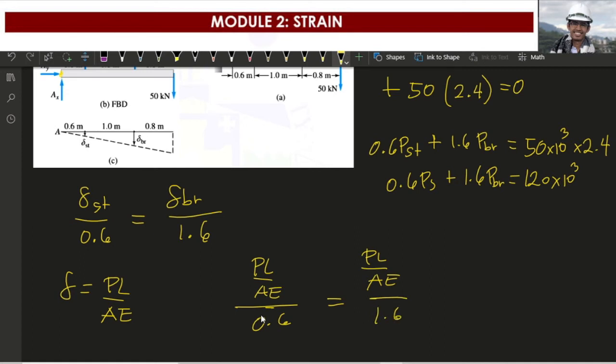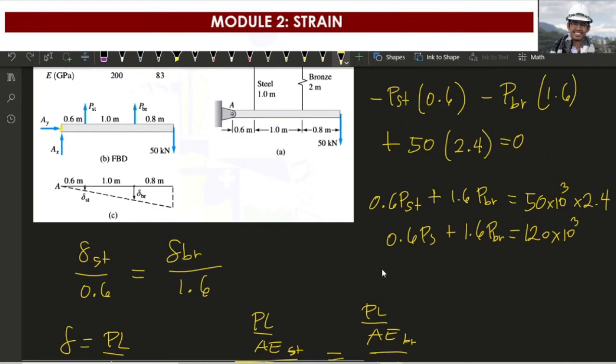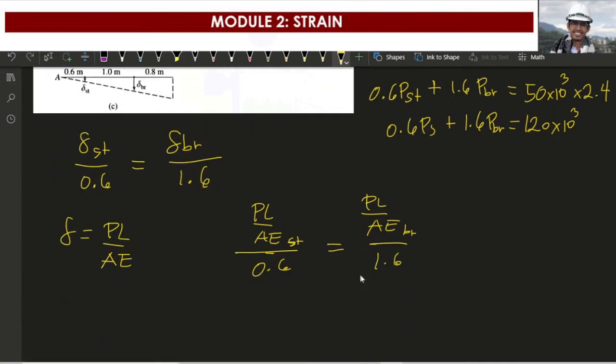So this is for steel and this is for bronze. Tama? So given na yung ating force, given na yung length, area, and E nung ating steel and bronze. Okay? So i-substitute na lang natin.